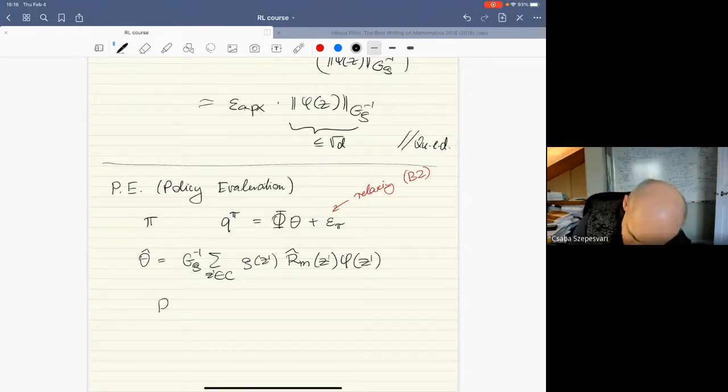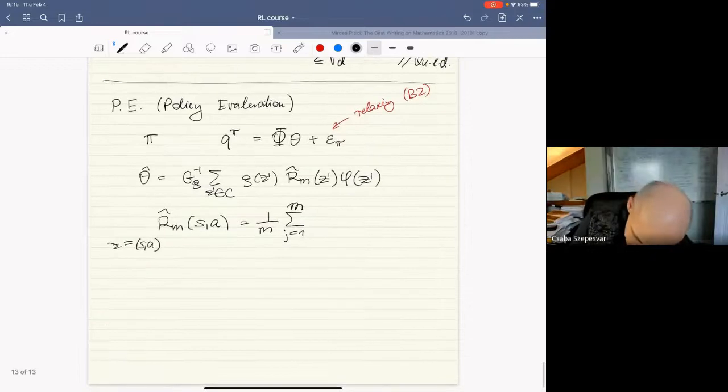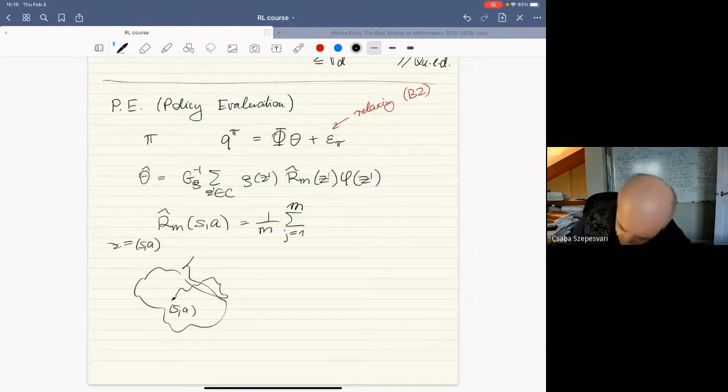So these R hat of M at a state action pair, where z is a state action pair, is going to be the average return over M independent trajectories that are run using the simulator. So you start with s, a, and then you run your simulator, you get a trajectory, and you do this M times.